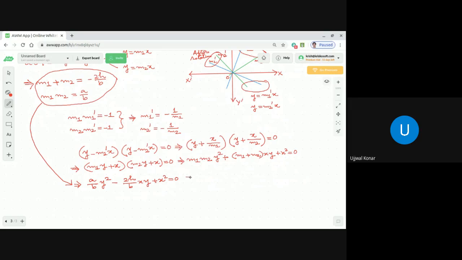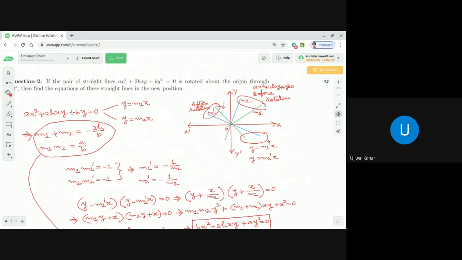So what we get, dear students, is bx square minus 2hxy plus ay square is equal to 0. This is also a homogeneous equation of second degree in x and y, and it jointly represents the pair of straight lines which are perpendicular to the original pair of straight lines.